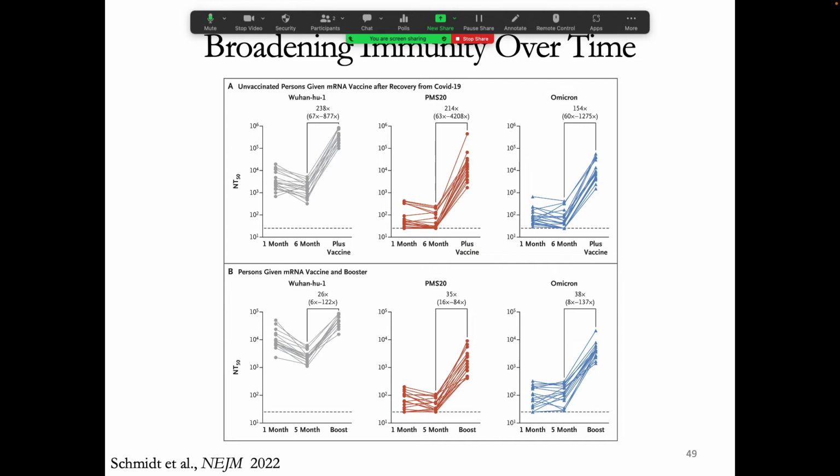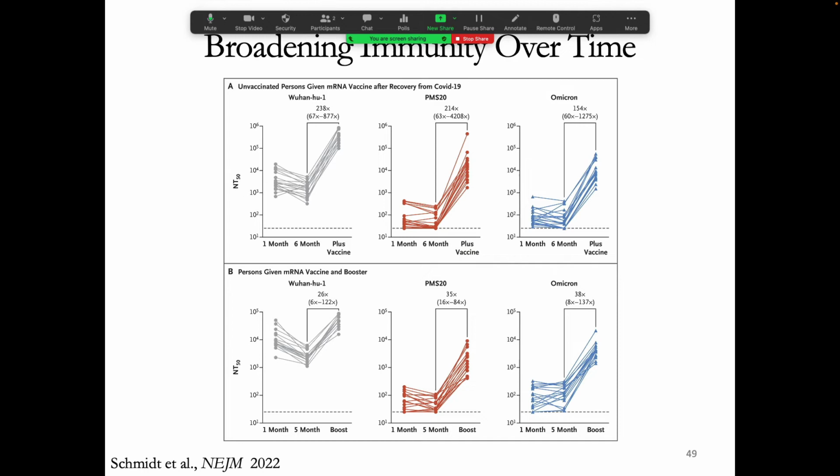In the gray, we're looking at the original SARS-CoV-2 virus, the very first one. In red, we're looking at a version of SARS-CoV-2 that was generated in a lab, ideally to test evading or avoiding antibodies. Oh my gosh.